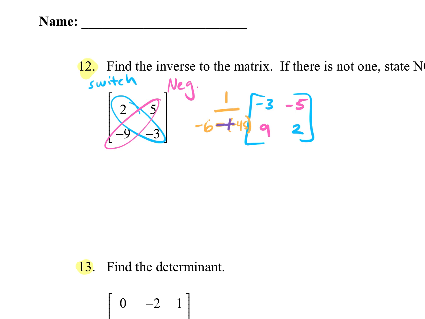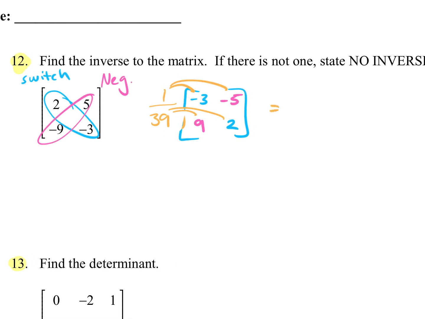So here we're multiplying 1 over 39. We distribute that to everything. So we get negative 3 over 39, negative 5 over 39, 9 over 39, and 2 over 39. And then just simplify.